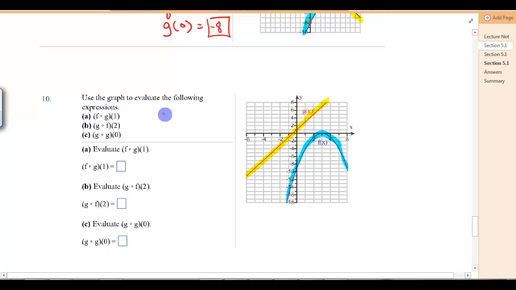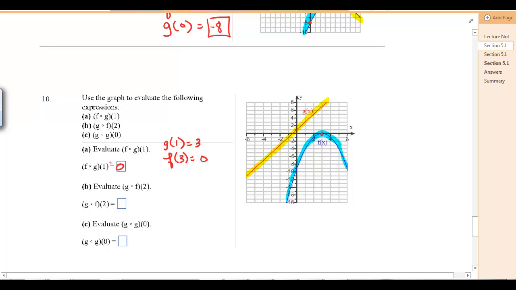So g of 1 equals 3. And then f of 3, we'll go to 3 on the x-axis, and we are on the curve for the f, and we are at a y value of 0 there. So this one gets a 0.